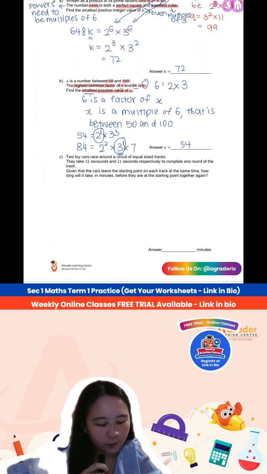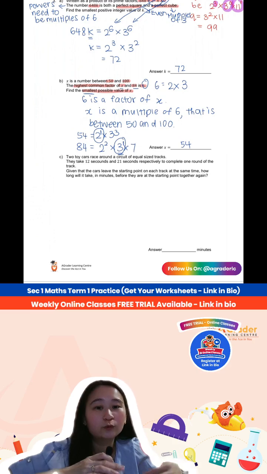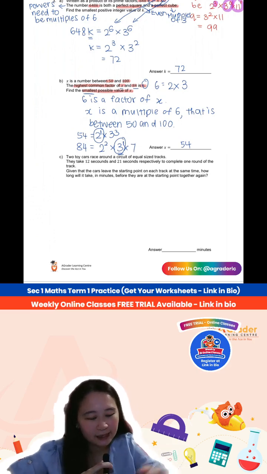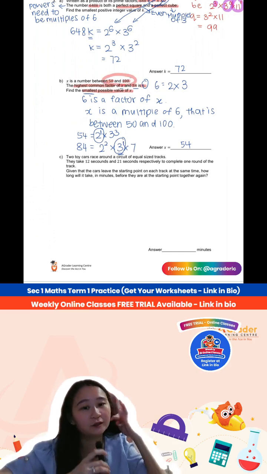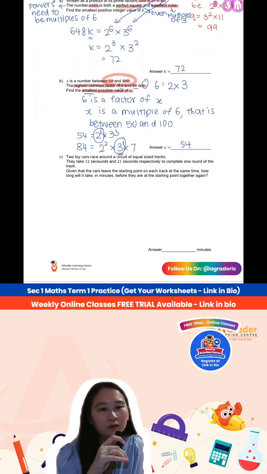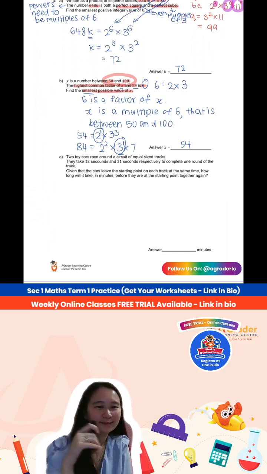Because the highest common factor of x and 84 is 6, right? It means 6 is a factor of x, correct? X must have this factor 6. And then when you reverse it, it also means x must be a multiple of 6. And they want it to be between 50 and 100. And they want it to be the smallest possible. Okay, so the smallest multiple of 6 that is between 50 and 100 is 54, correct? Okay.